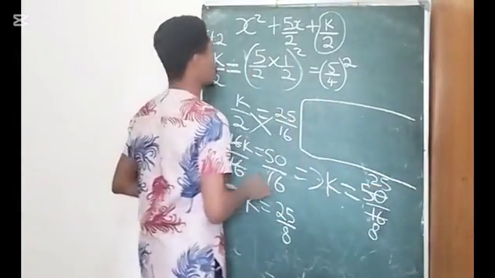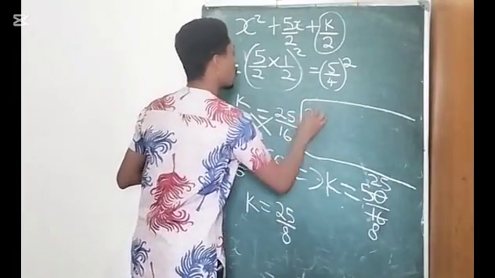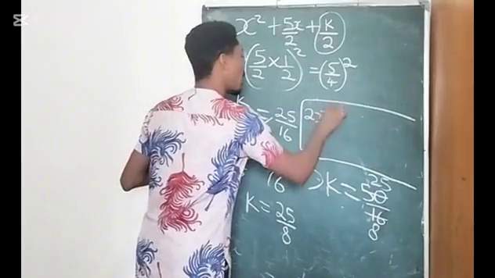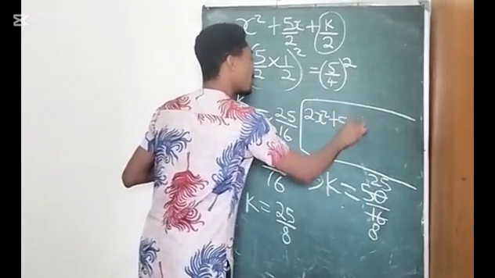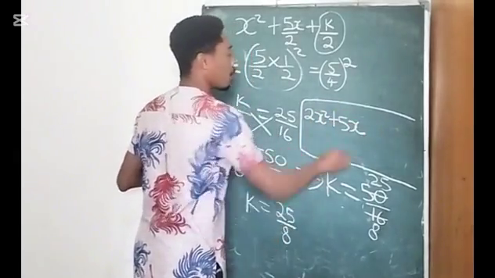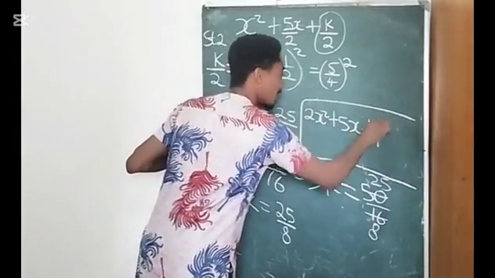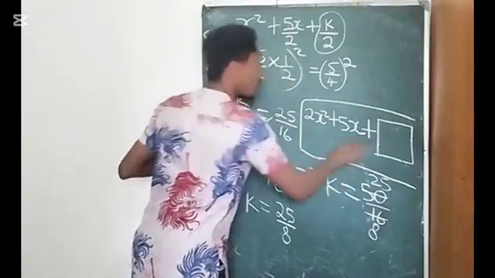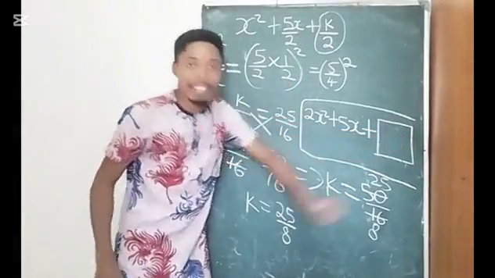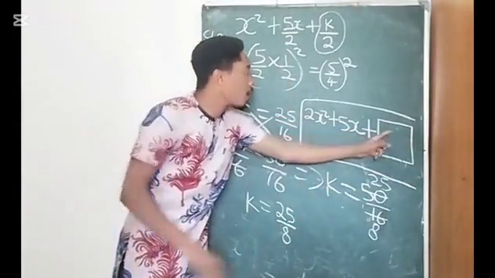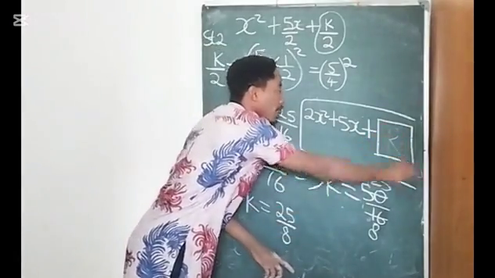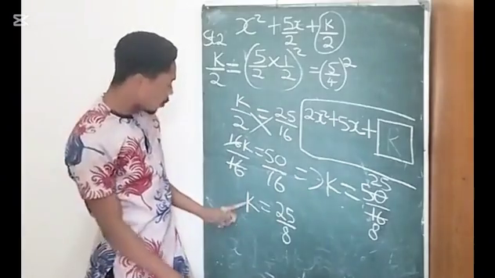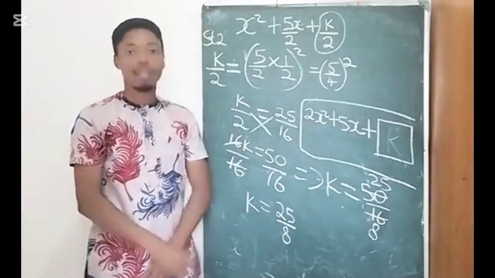Note this. The question was 2x squared plus 5x. What are we going to add to make it a perfect square? So that thing, we called it k. And then we've just found k as 25 all over 8.